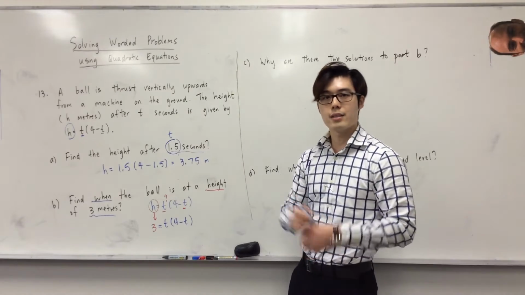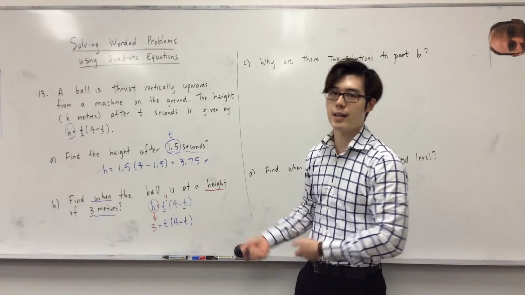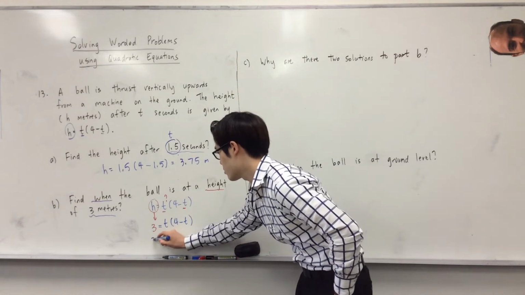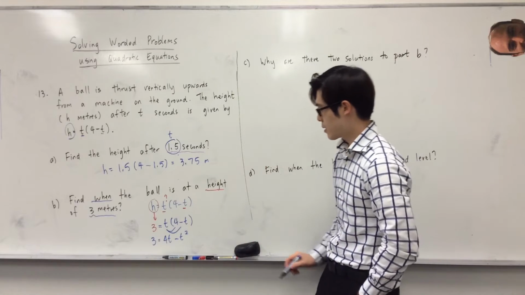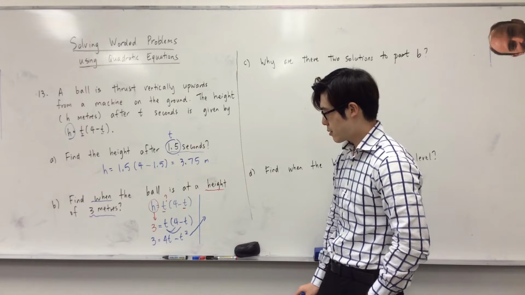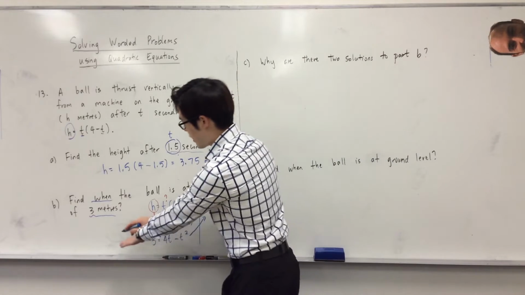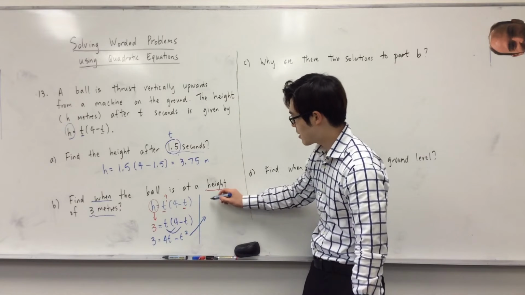What we need to do now is pretty much the same thing as what we've been doing all this time. Expand the bracket out, bring everything to one side, and solve for t. So, if I do that, 3 equals 2, that's 4t minus t squared. Now, I'm actually going to bring everything to this side, just because I don't want that minus in front of t squared. I want to work with positive t squared.